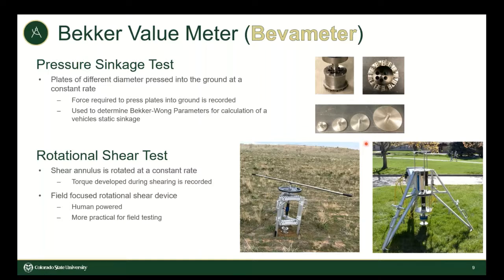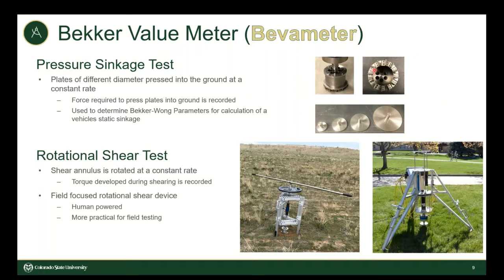The pressure sinkage test is conducted by pressing plates of different diameter into the soil at a constant rate, and the force required to advance those plates is recorded. Using this data, you can calculate what are called Bekker-Wong parameters, which are empirically related to a vehicle's static sinkage on the soil.